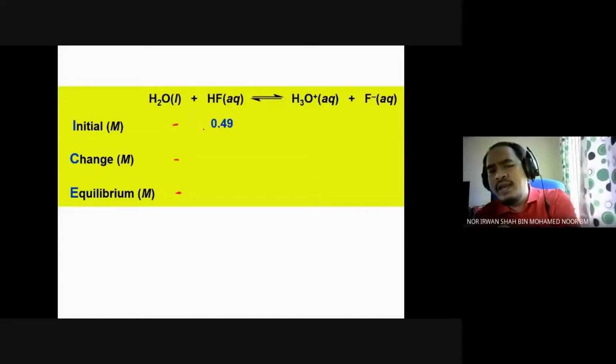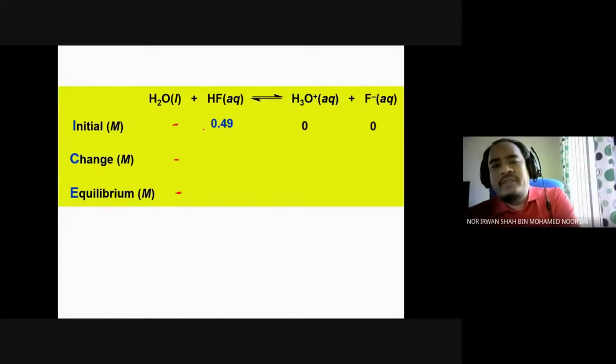Okay, and then initially both of these ions are zero because these two ions belum lagi terhasil because acid itu belum lagi ionized. But once this hydrofluoric acid started to ionize, remember, since dia adalah weak acid, so dia punya ionization is not 100%. Kan, sikit saja. Jadi that's why akan ada changes.